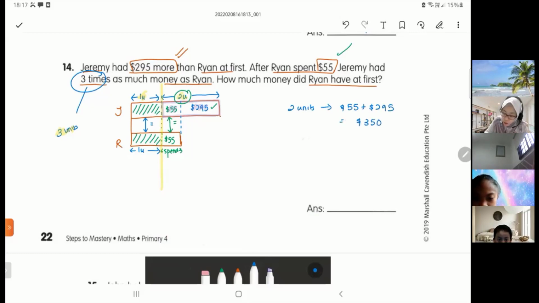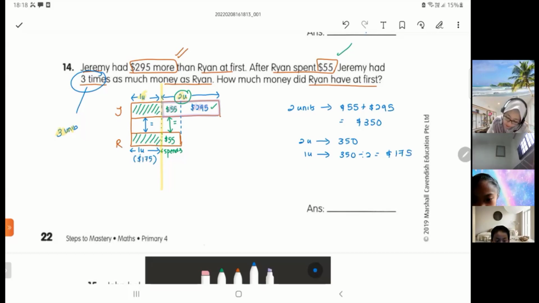And this is my 2 units. So 2 units is 350. 1 unit is always divide, right? So you take 350 divided by 2 equals $175, which means this 1 unit here is 175.